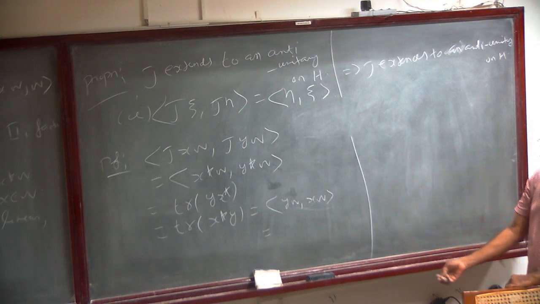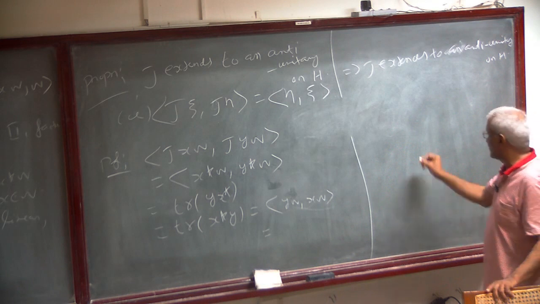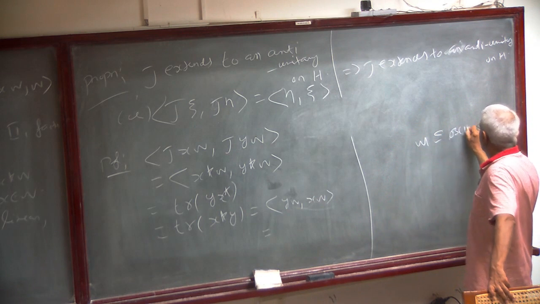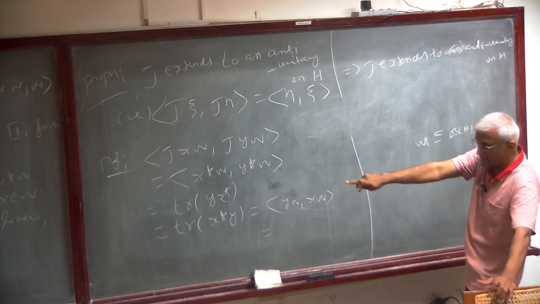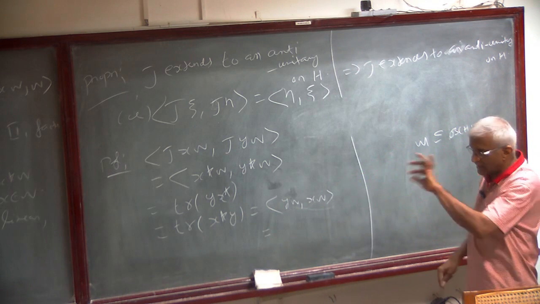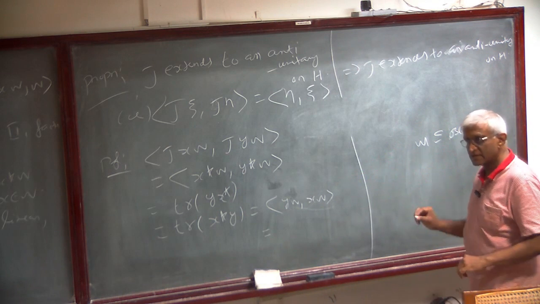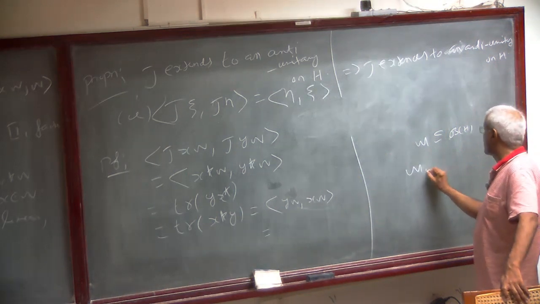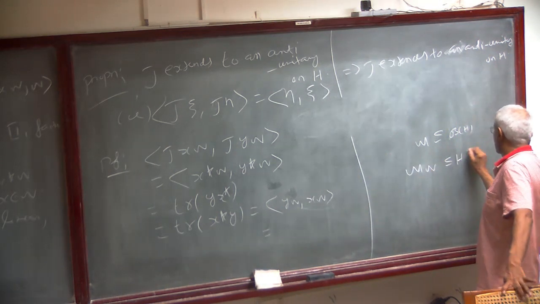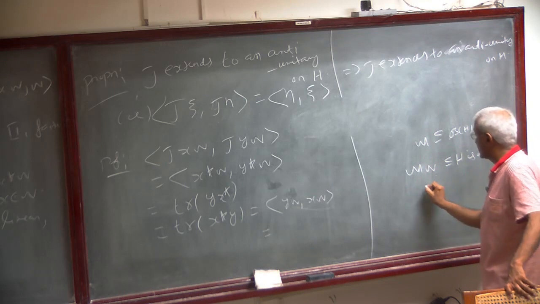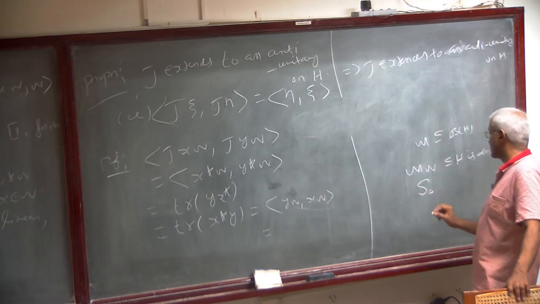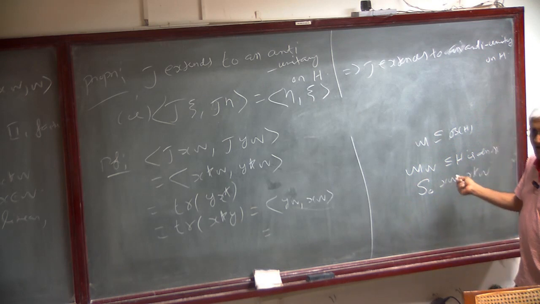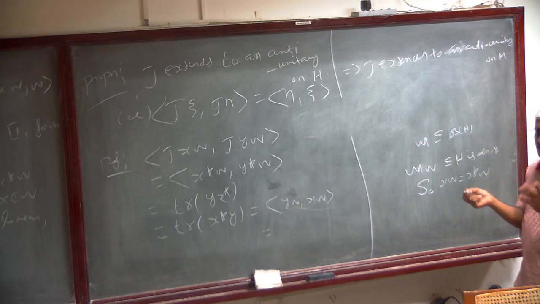It's very trivial. But in general, if you have some M sitting inside B(H) in standard form, and it does not satisfy the tracial property, but it has a cyclic and separating vector, still you can define this J or S. I assume that M omega is dense in H. Then you can define S naught of x omega equal to x star omega. This will not even be bounded in general.